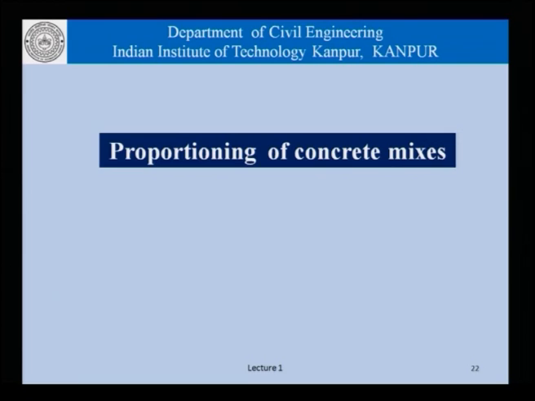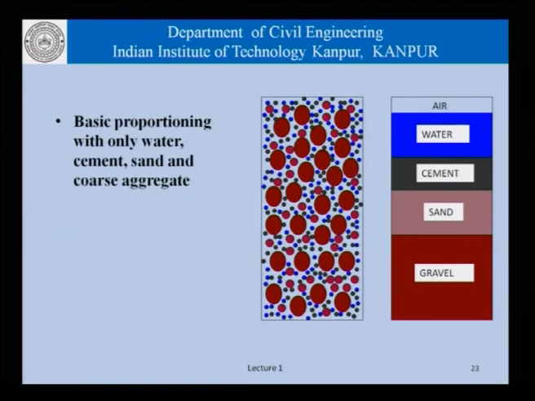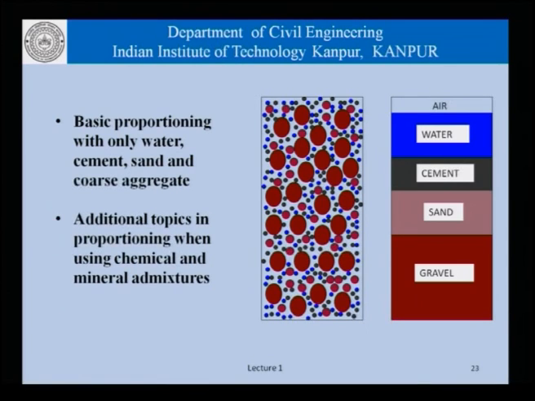Coming to proportioning of concrete mixes, we will go back to this picture and talk of basic proportioning, where only water, cement, sand and coarse aggregate are involved, and we will talk about additional or special topics in proportioning when chemical admixtures or mineral admixtures are used.